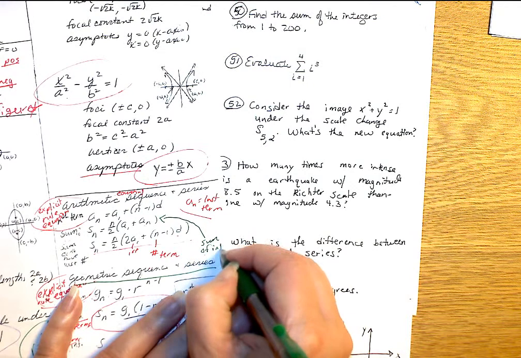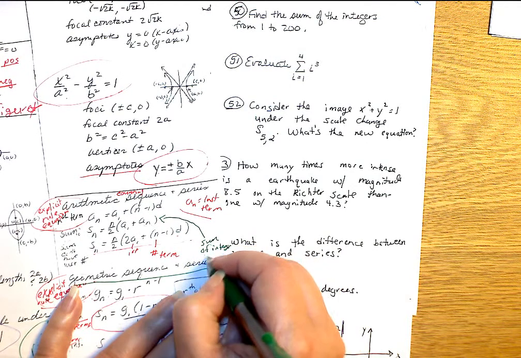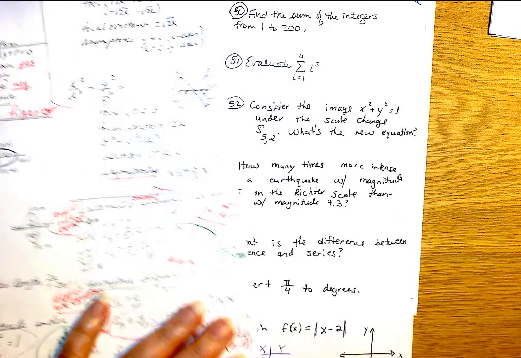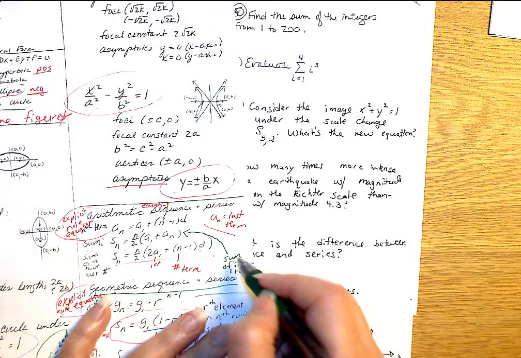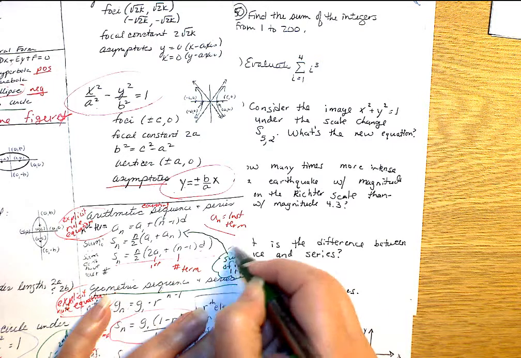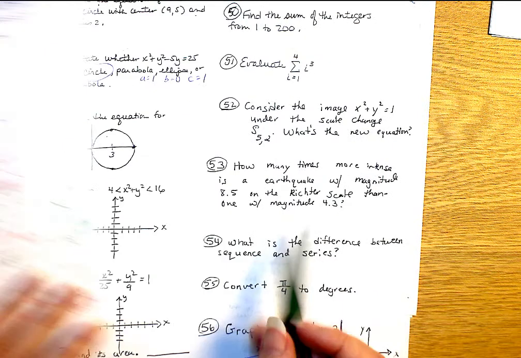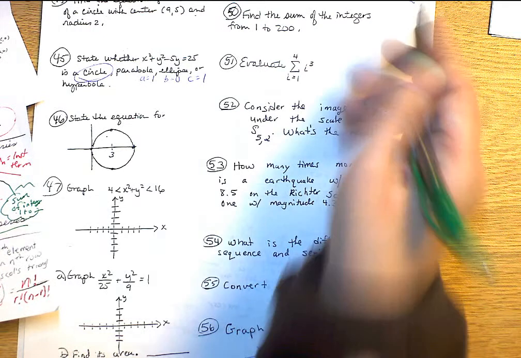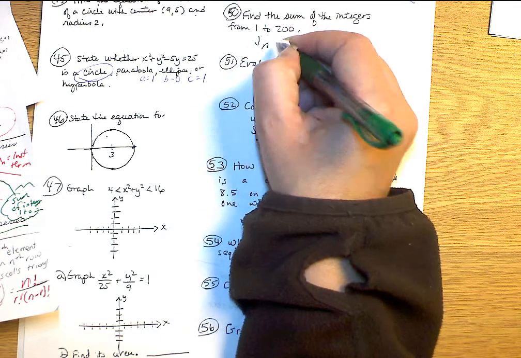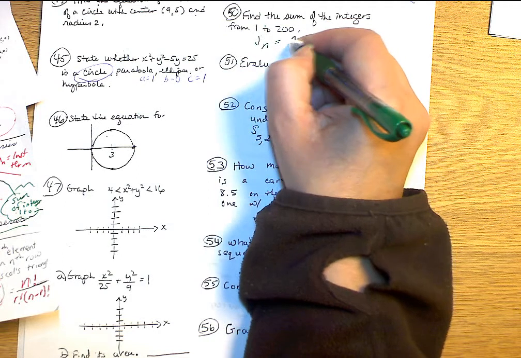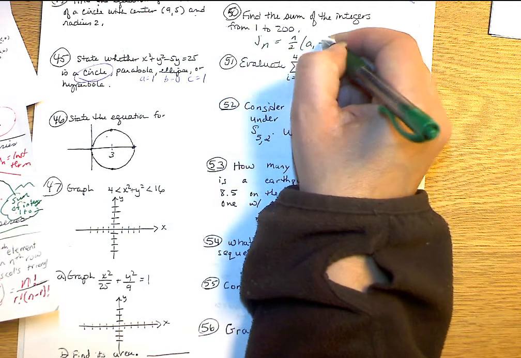So you know that you can use it for the sum of integers from 1 to whatever. So you can write that on your sheet, so you know that that's what you're going to use. So you're going to use the sum one right there. It says S of n is equal to n over 2 times a sub 1 plus a sub n.